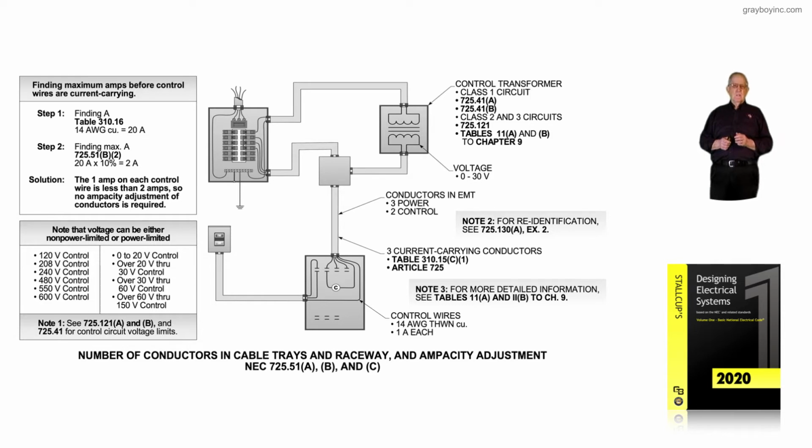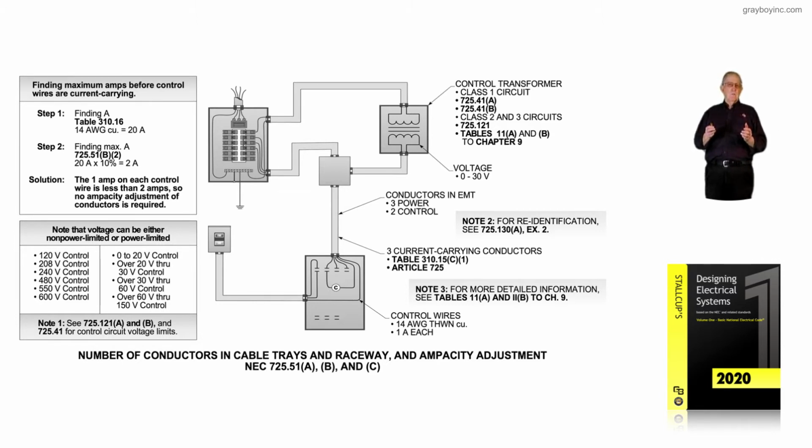For example, a Class 2 circuit could operate anywhere from 0 up to 50 volts. Volt amps and volts, but notice you would go to the table to determine their output.